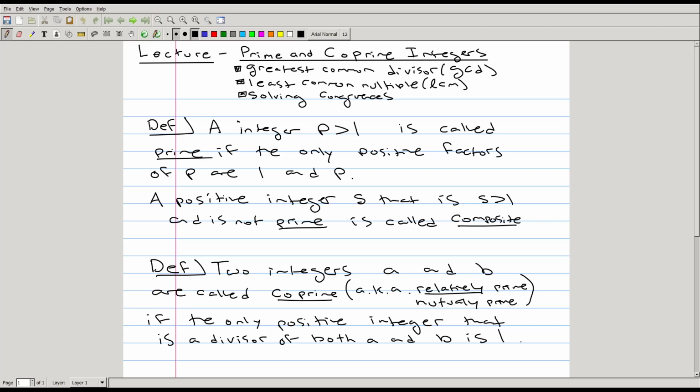And I guess one of the big things that we're going to be doing by the end of the lecture is learning how to solve basic congruences, so congruence equations.